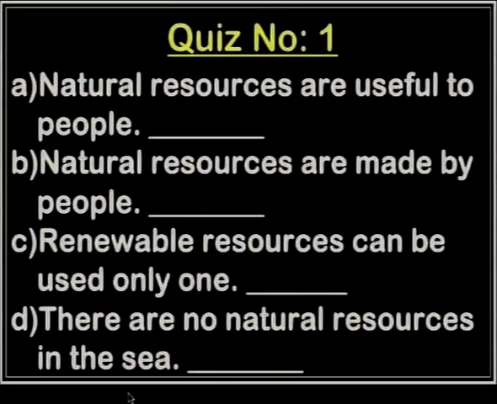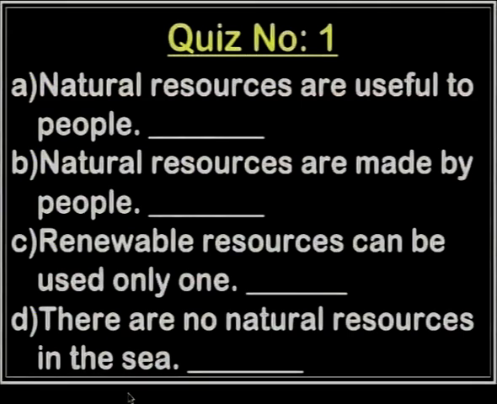Natural resources are useful to people. Write your answer down, whether true or false. B, natural resources are made by people. True or false?